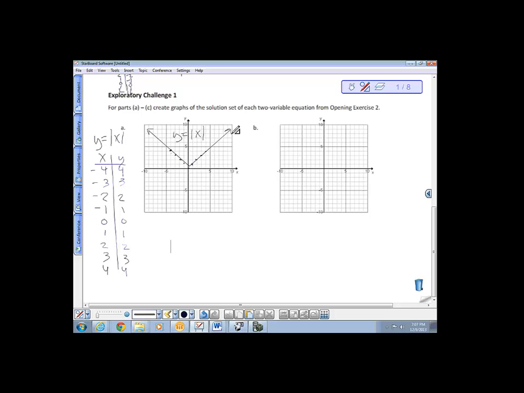Okay. Now, for letter B, the function was y equals absolute value of x minus 5. So, we're graphing that. And so this will be x and y, okay?